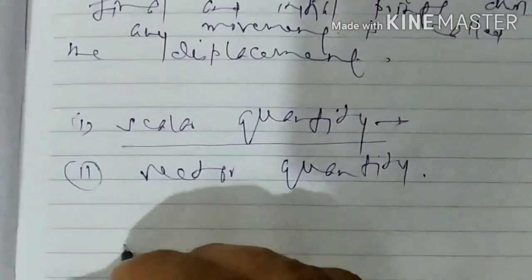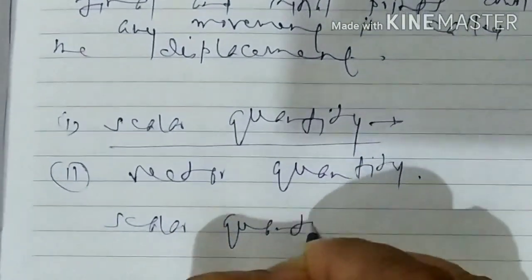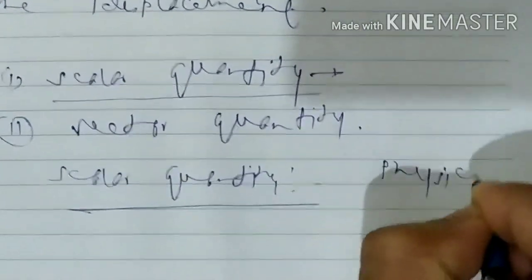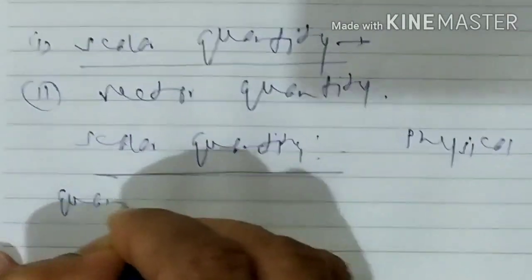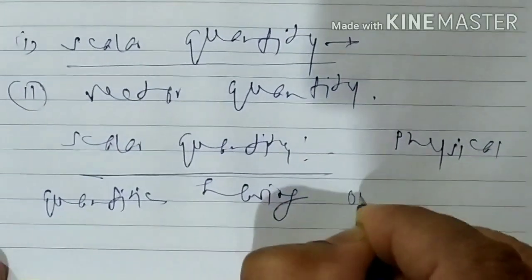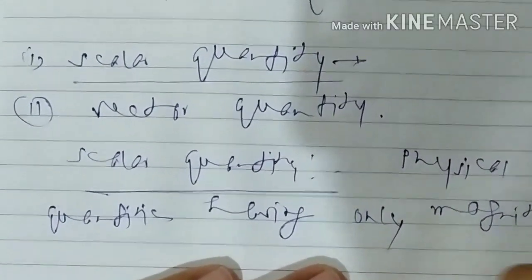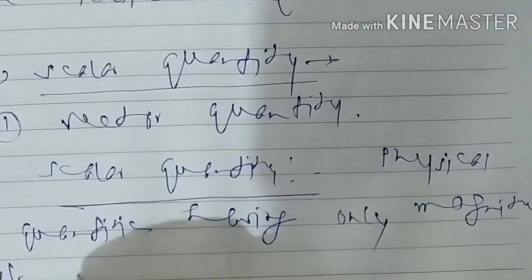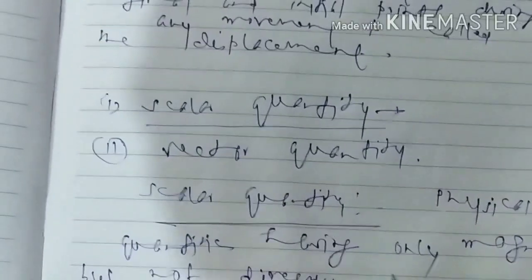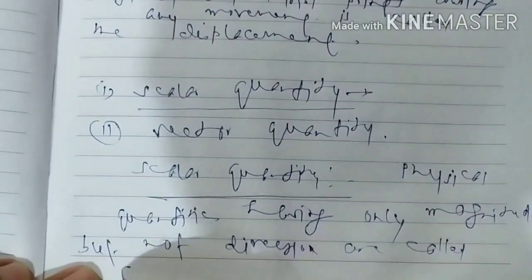A scalar quantity: physical quantities having only magnitude but not direction are called scalar quantities.